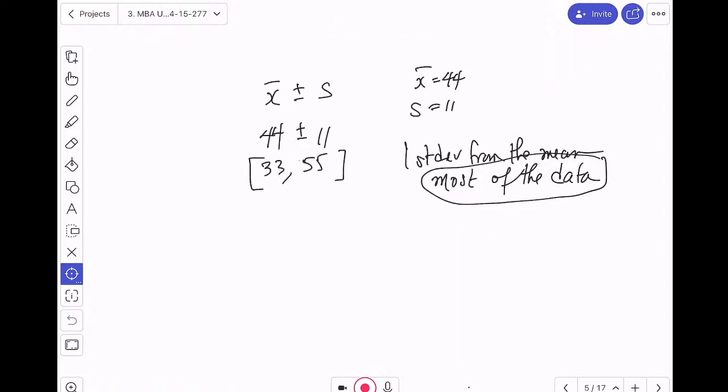So that ends up being 11 out of 15, or 73%.